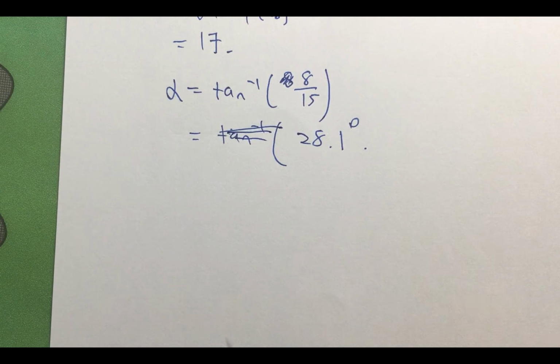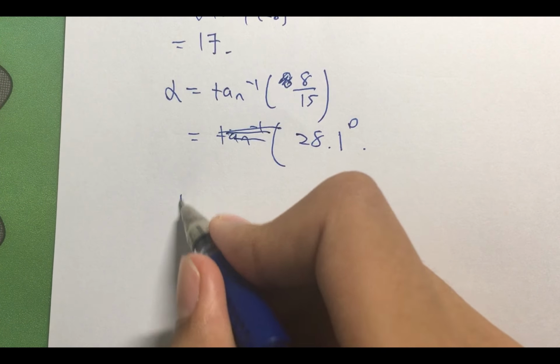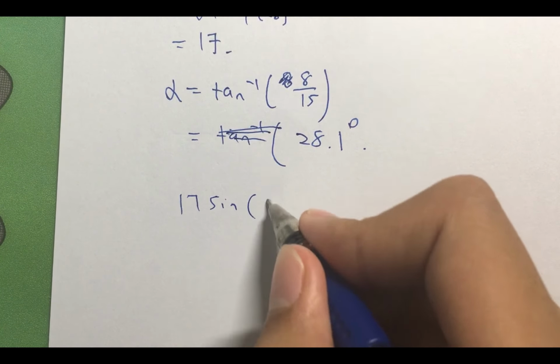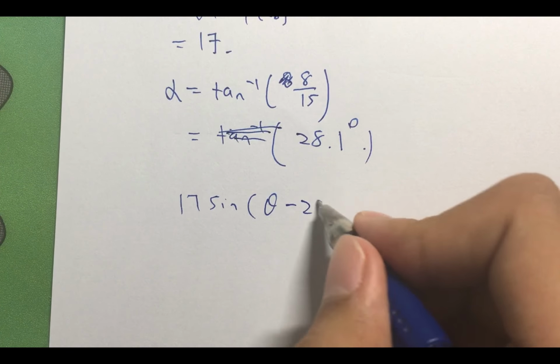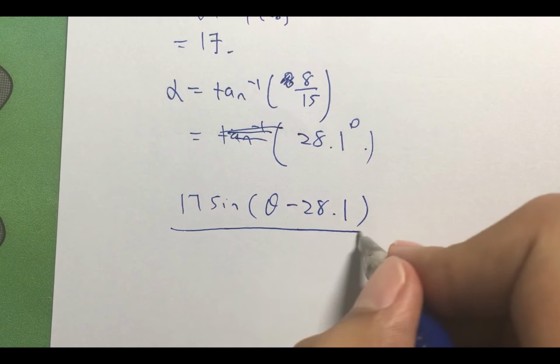And we have solved this, which becomes 17 sine theta minus 28.1, and that is our answer.